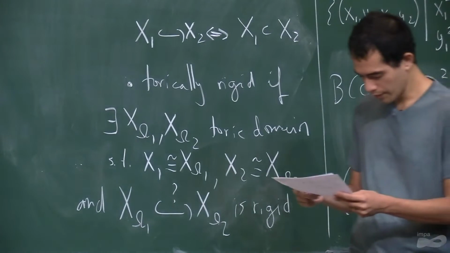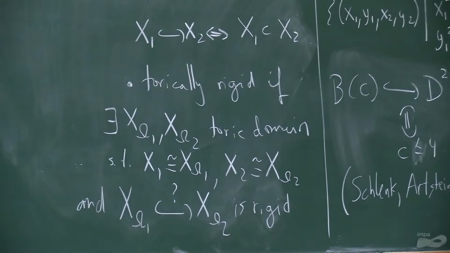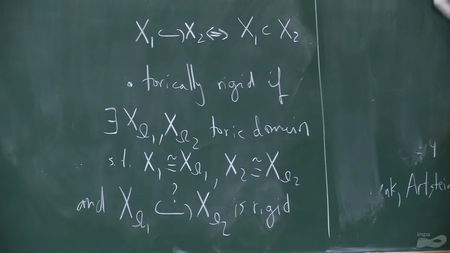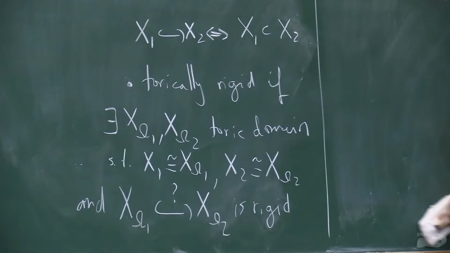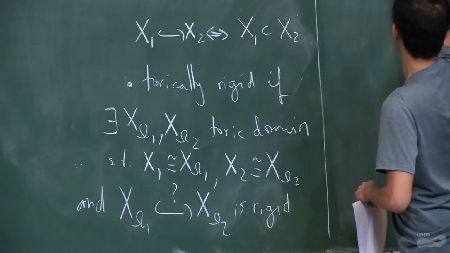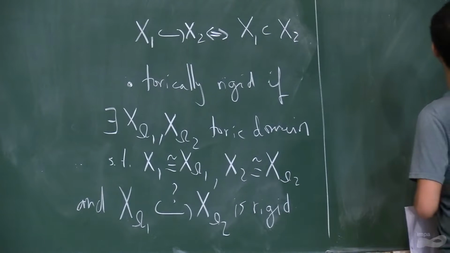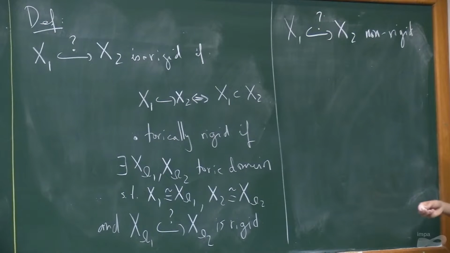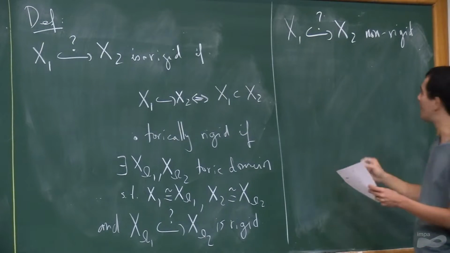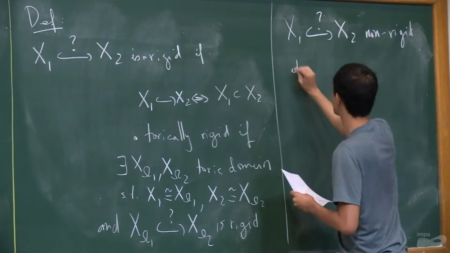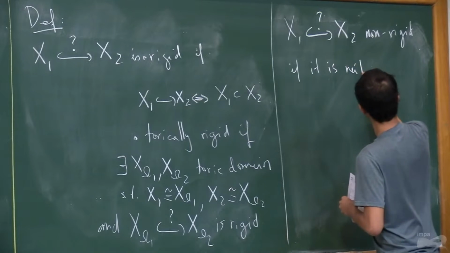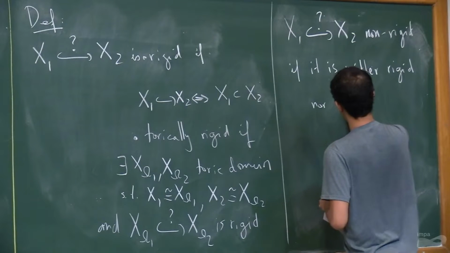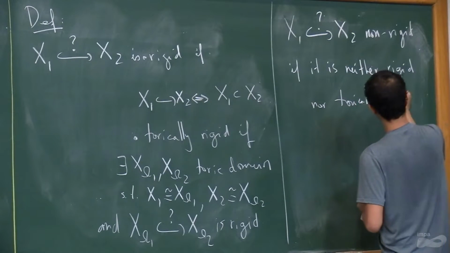Okay? All right. And I'm going to say that an embedding problem is non-rigid if it's neither rigid nor torically rigid. I wanted to call it flexible, but I think people have different ideas of what flexible means. So I'm going to call it non-rigid today if it is neither rigid nor torically rigid.